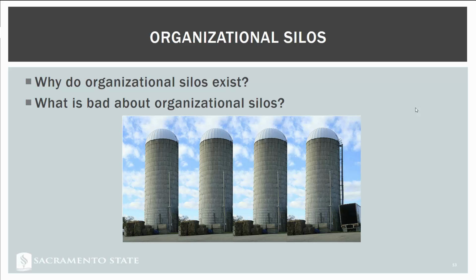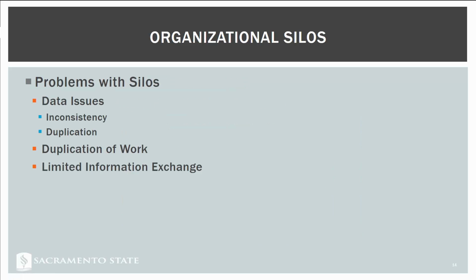So the challenge with this is that when organizations have these silos where people work kind of semi-independently, we have issues. All right, we have a lot of issues potentially with the data, and in information systems we care very much about that. Sometimes we have different groups that duplicate work and duplicate data, and that's a real problem for us.